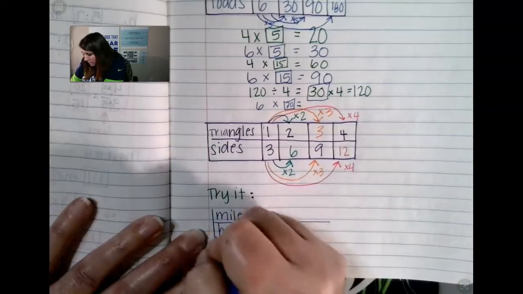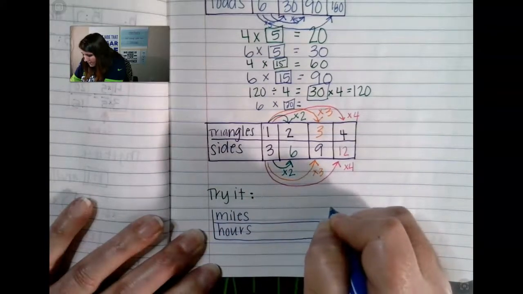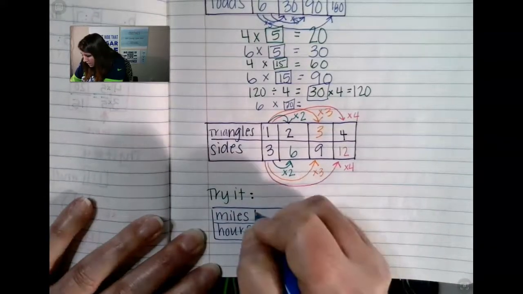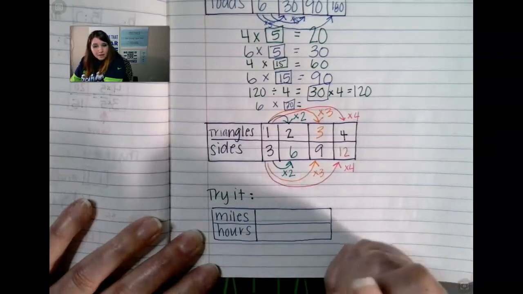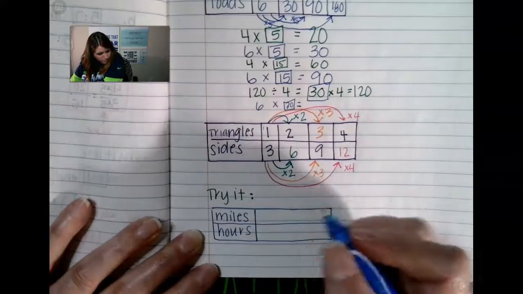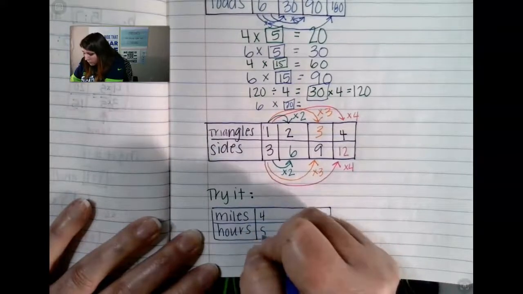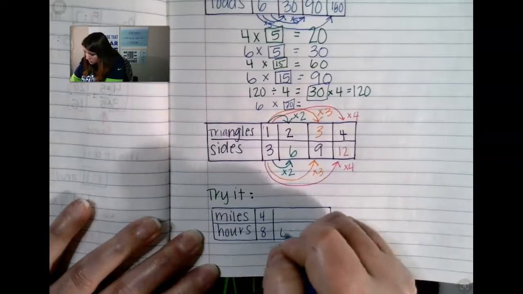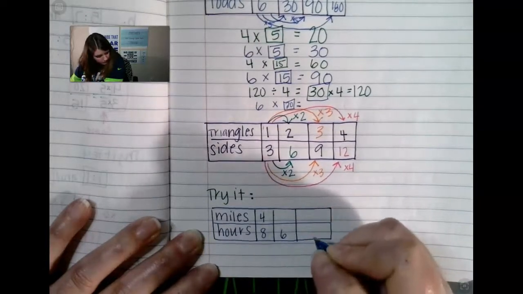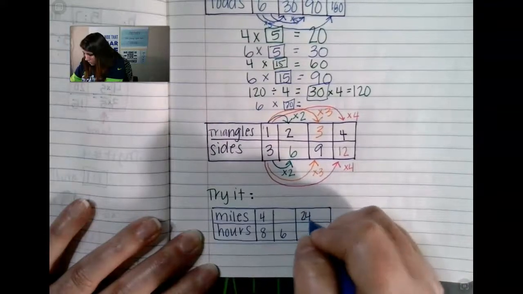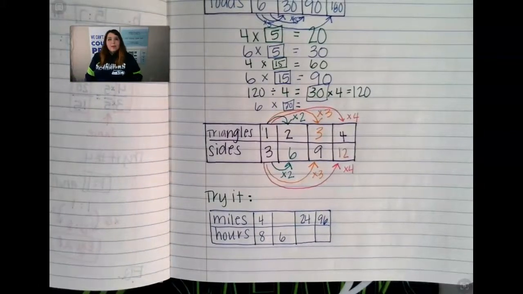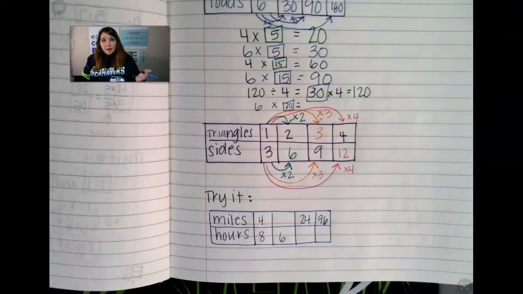I would like for you to please fill in the holes with the appropriate equivalent ratio when we have an original ratio of 4 to 8, and there's a missing one there when we have 6 hours, 24, and 96. Ooh, we're getting fancy there. Okay, hit pause so you don't hear me solving this problem. And then when you're ready, come on back.